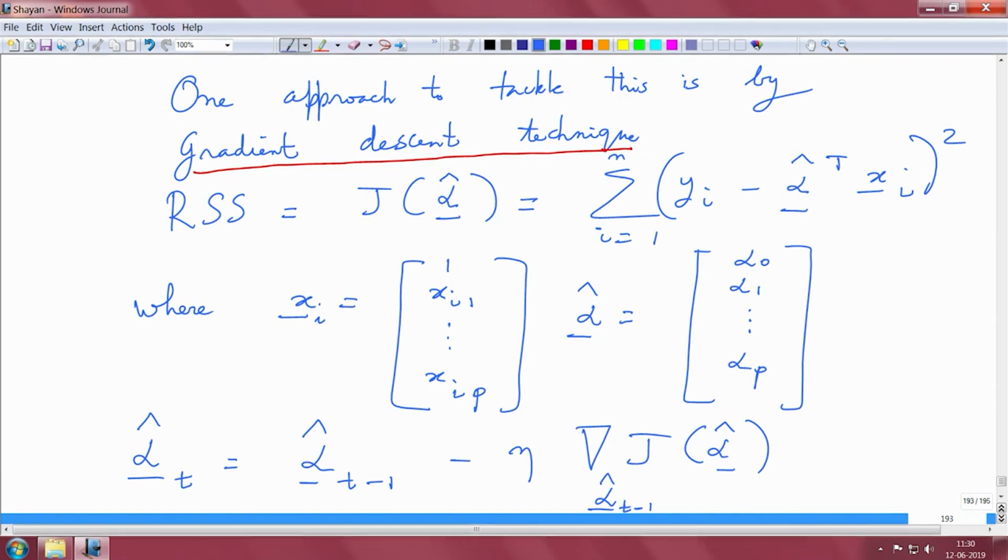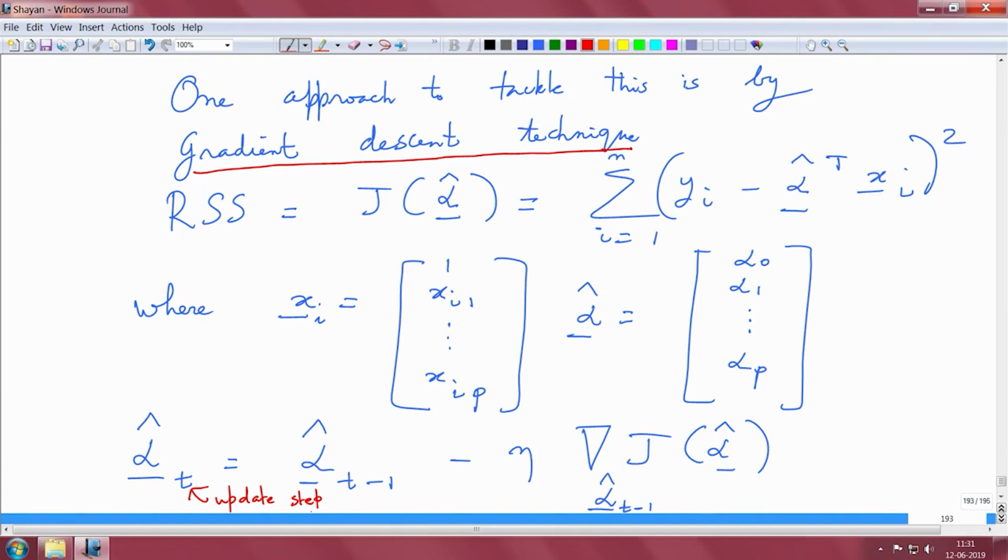Now the gradient descent approach tells us that my solution to alpha hat at time t. So, this is the update step. Normally one would use small n for discrete quantities and the variable t for continuous, but since I am using n already for the number of data points, I am bringing this variable t here. Okay.